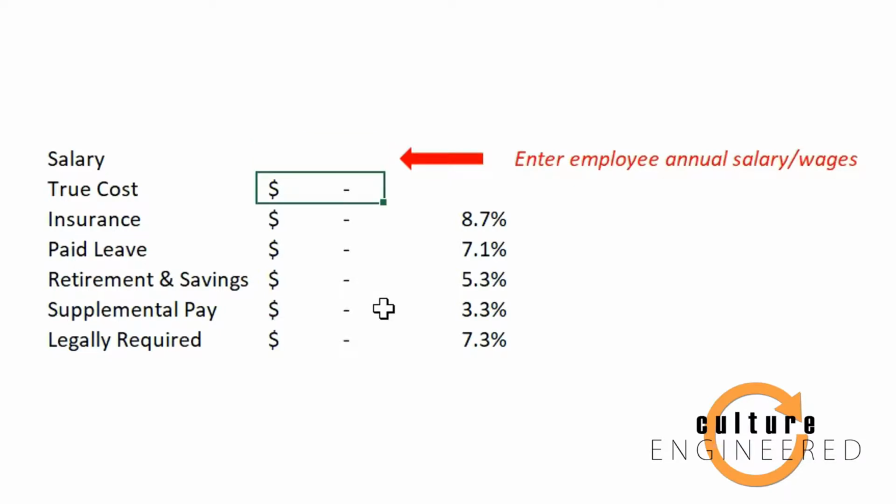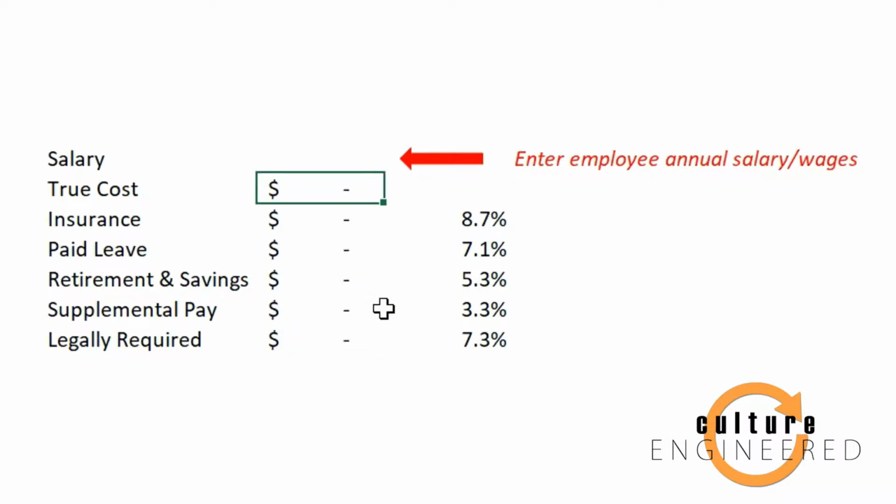You enter it here, and then it gives you the true cost of labor associated with that salary based on the averages in this report, and then gives you a breakdown of what employers are paying on average for insurance, paid leave, retirement and savings, supplemental pay, and legally required benefits such as Medicare, Social Security, workers' comp, unemployment, all that good stuff.